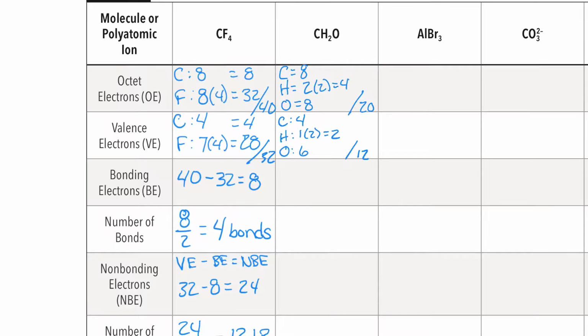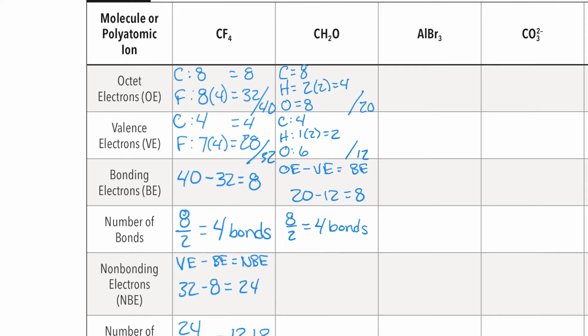If we take our octet number minus our valence electrons, that gives us our bonding electrons. So we've got 20 minus 12, giving us 8 bonding electrons. Those go into pairs into bonds, so we'll have 4 bonds.